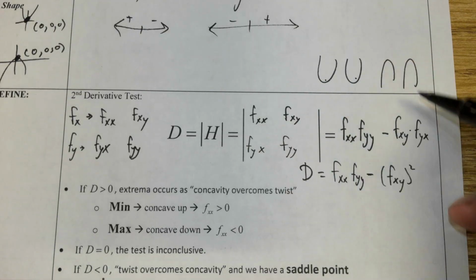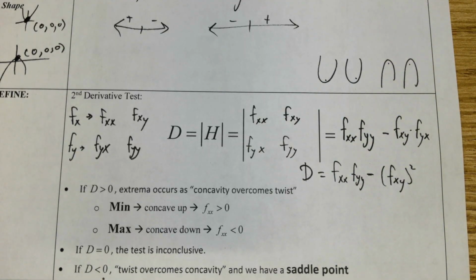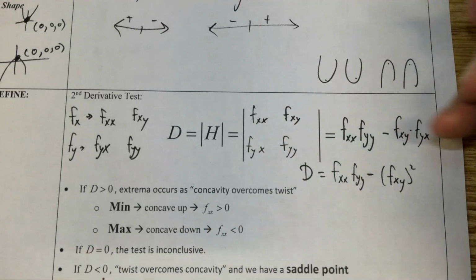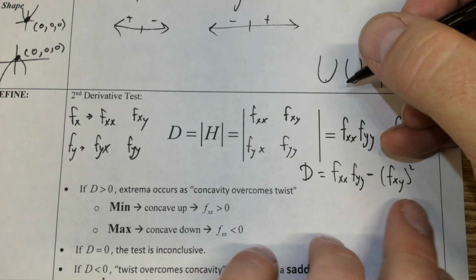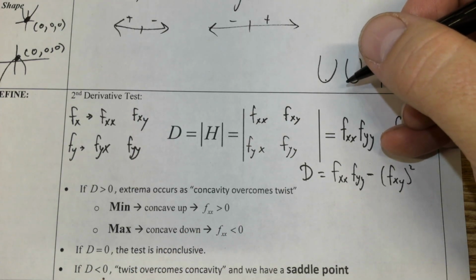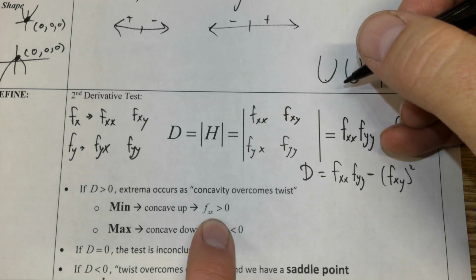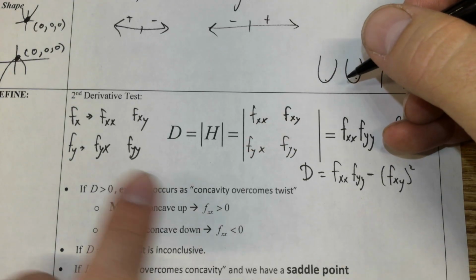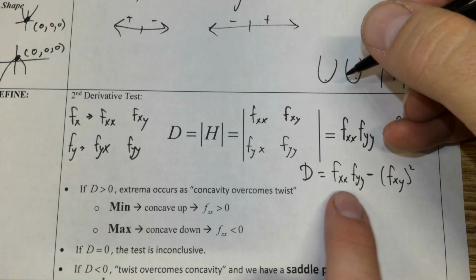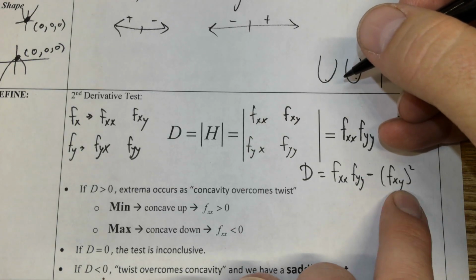So when I'm multiplying negative negative or positive positive, we're going to end up with some weird things coming out of it when this changes. It's concave down when I have a second derivative that's negative. And if D is positive, that means my second derivative overcomes this term.